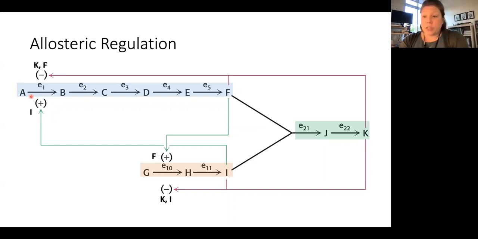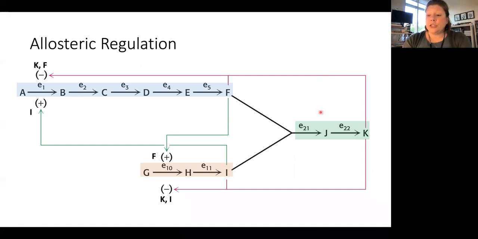We're responding to the environment of the cell, and it's often the first enzyme in the pathway that's regulated. And we can have multiple downstream effectors that can allosterically bind, non-competitively inhibit the enzyme.